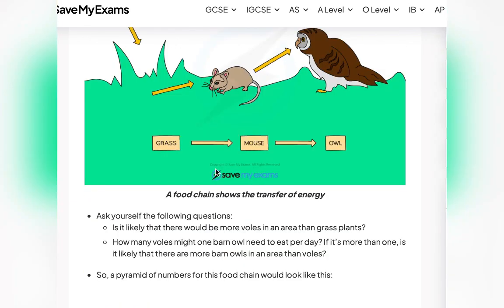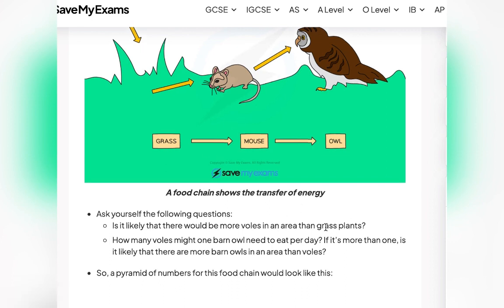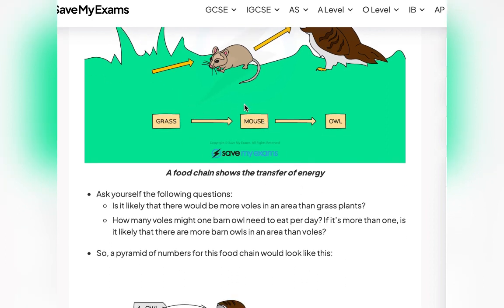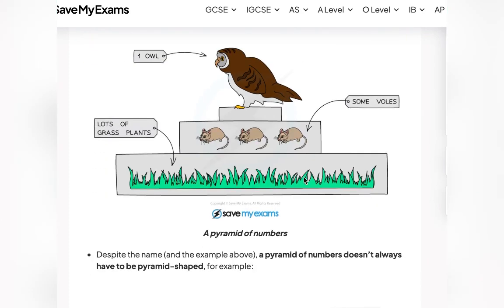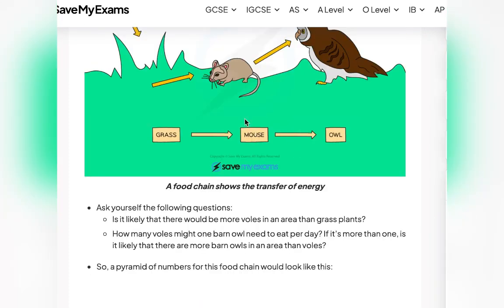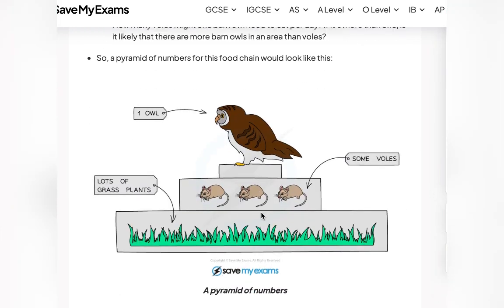There are obviously more plants. We can model maybe 8, 10, whatever numbers. Let's assume there are 8 plants here, and there are 3 mouse eating grasses, and there's only 1 owl that is hunting the mouse. So this is what we show.